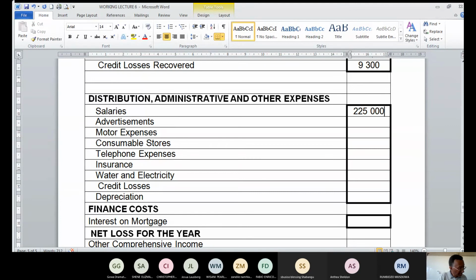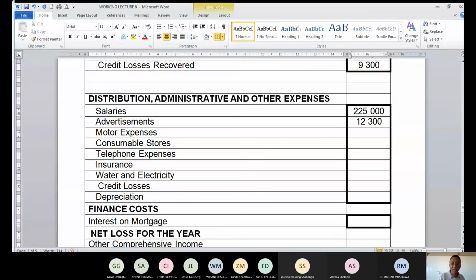Advertisements in my trial balance, the amount for adverts is 12,300. I'm just going down the list of my expenses now. My next expense is called my motor vehicle expenses or motor expenses.